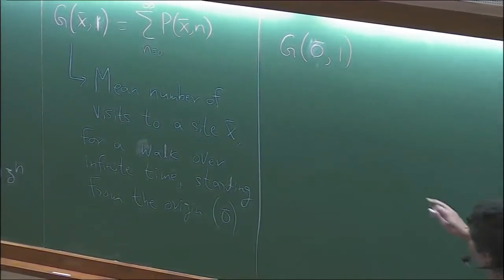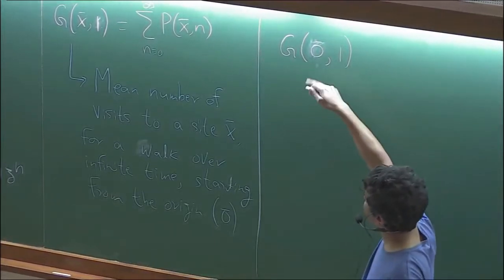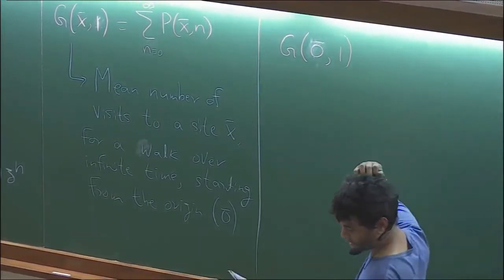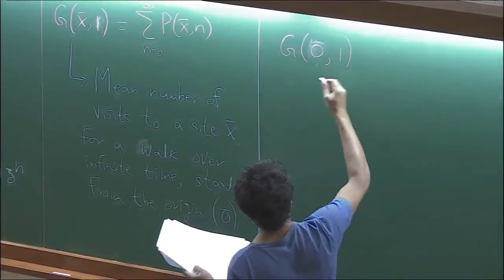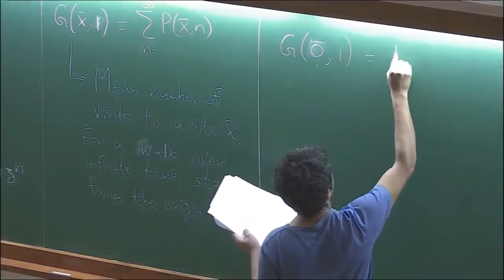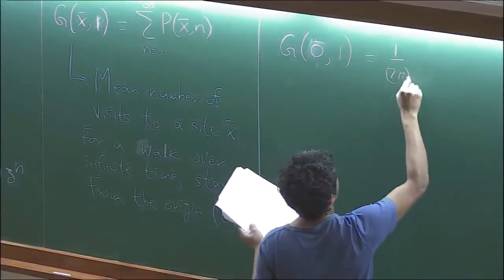Okay, so this is the mean number of visits starting from the origin, the mean number of visits to the origin. And in general it's given by some integral.